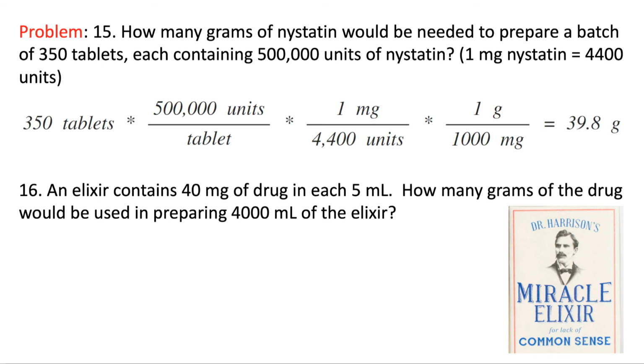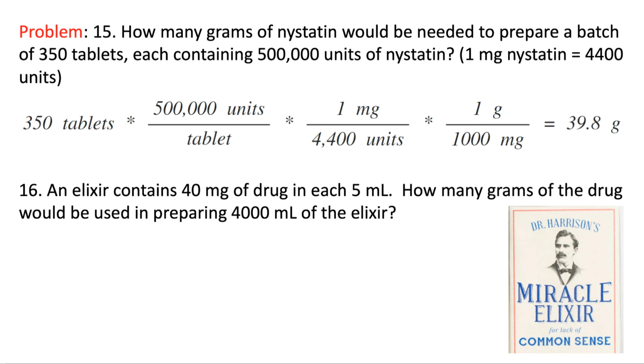It says 500,000 units each. So we'll multiply this times 500,000 units per tablet. Tablets cancel, and I would now be in units of nystatin. But the question wanted to know grams or weight of nystatin, so we can actually formulate this. So let's multiply by the fact we were told that 1 milligram of nystatin has 4,400 units. So if I multiply like that, units will cancel, and I will be in now weight of nystatin. But I'll remind you it's in milligrams, and the question wanted grams.